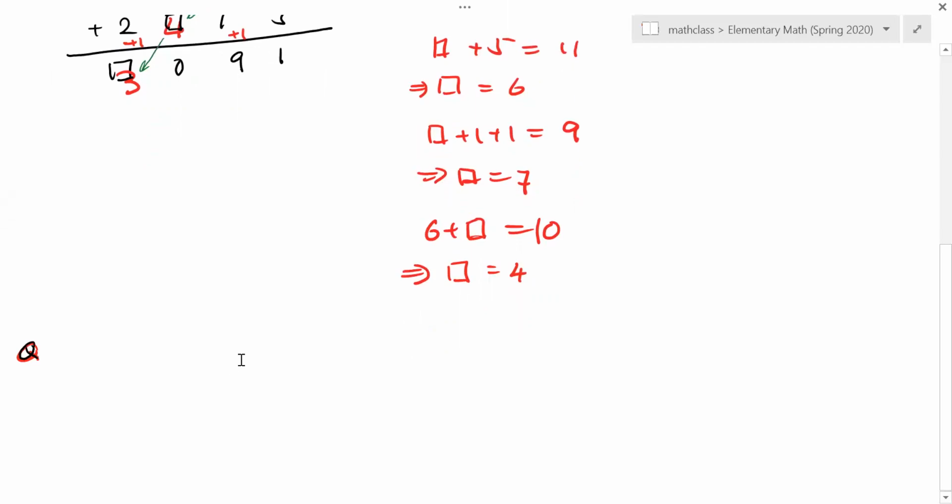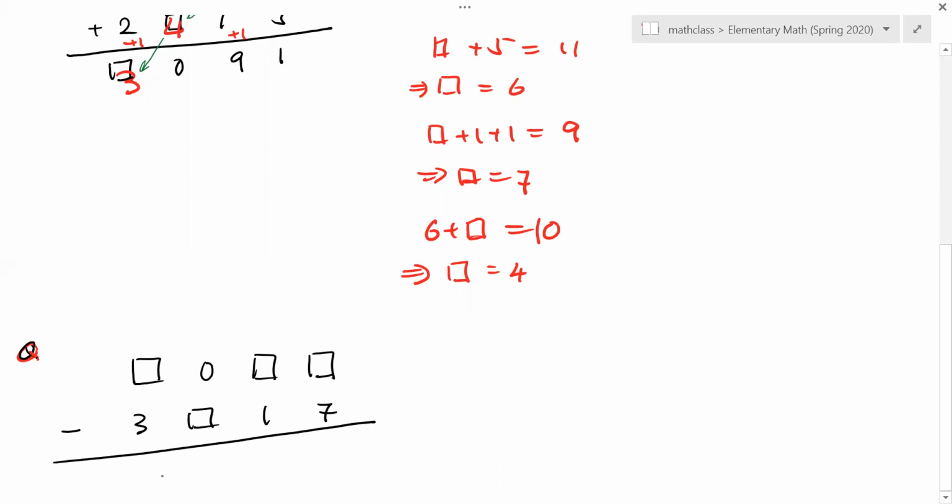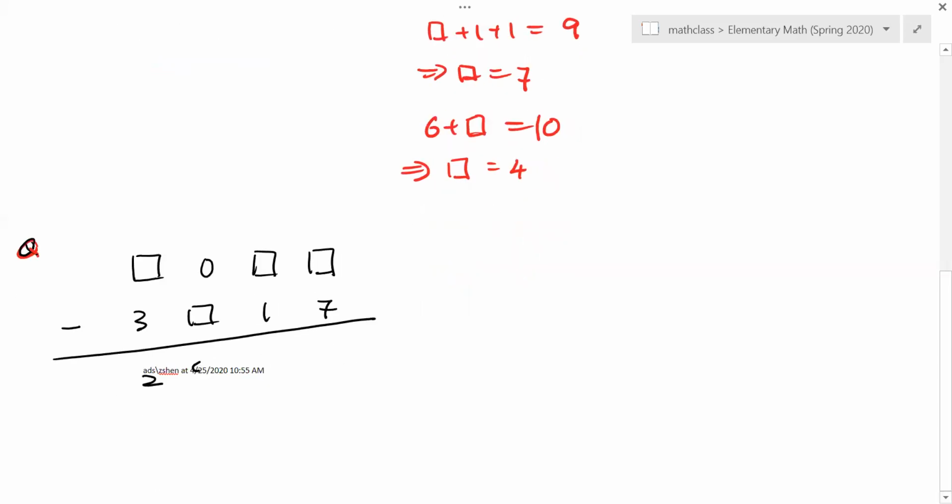The next one, I'm not sure we still use the same strategy. Okay, minus, subtraction now. Okay, we got 2,856.